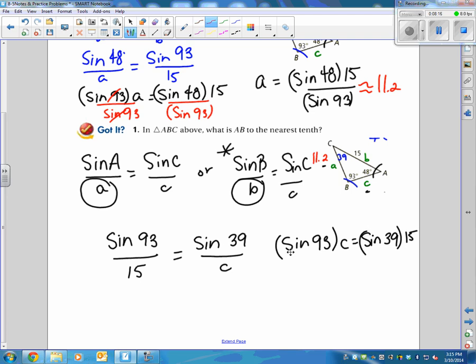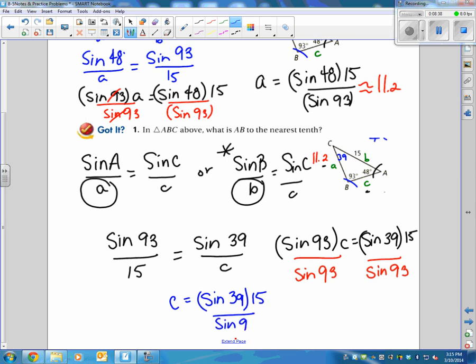I'm going to divide both sides by the sine of 93, and I will have C equals the sine of 39 times 15 over the sine of 93. We'll punch that into the calculator, and that gives us roughly 9.5, rounding to the nearest tenth. So C is equal to 9.5 units.